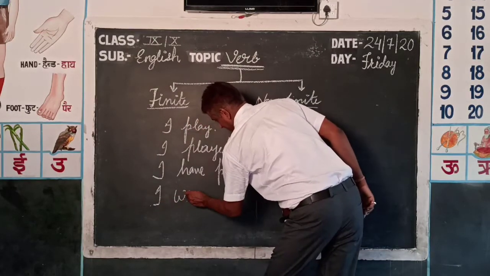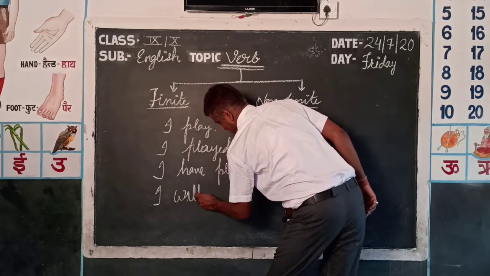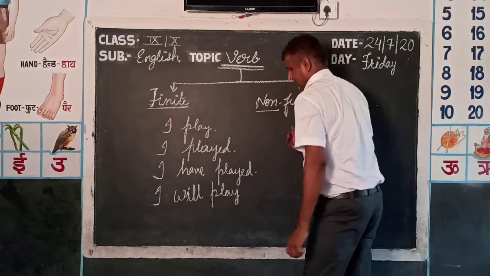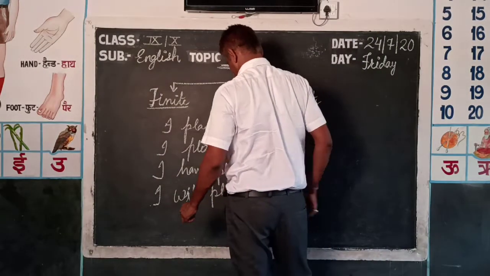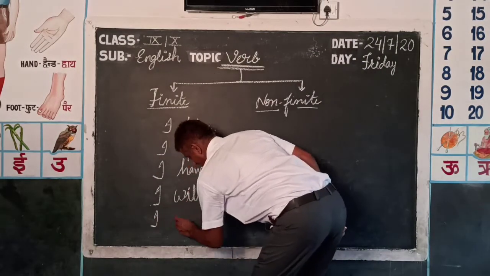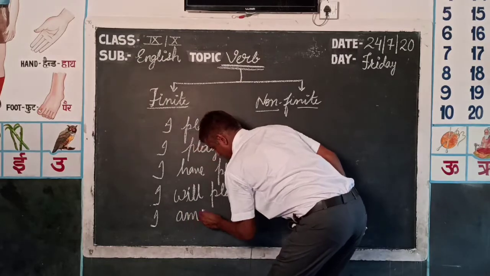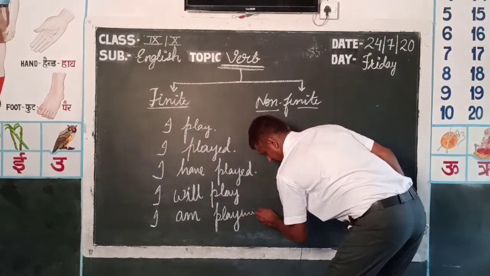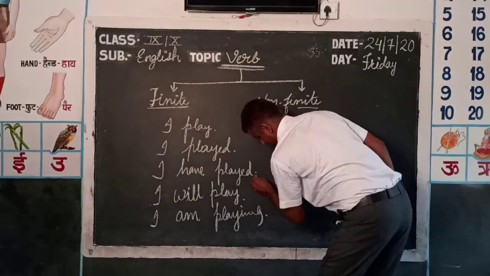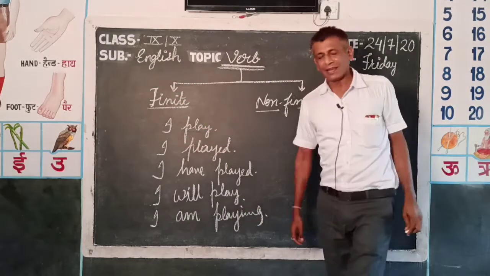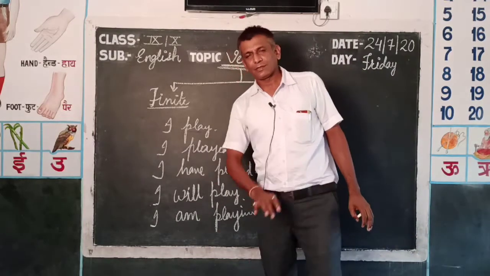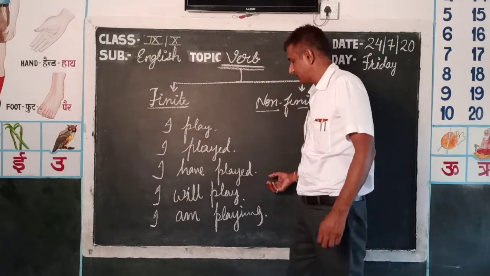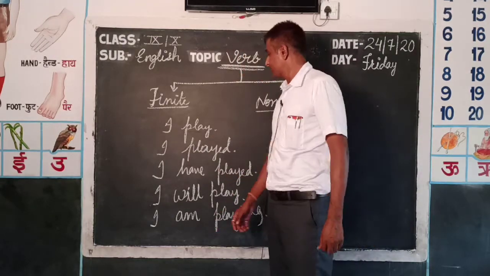I will play. I am playing. Well, these are examples. Now see: I play, I played, I have played, I will play, I am playing.